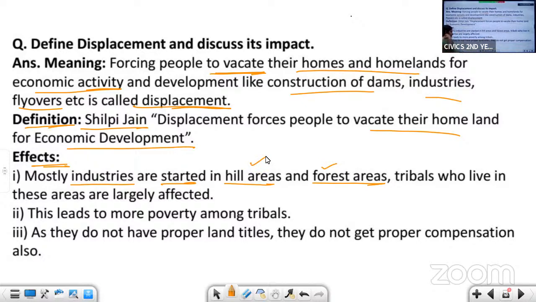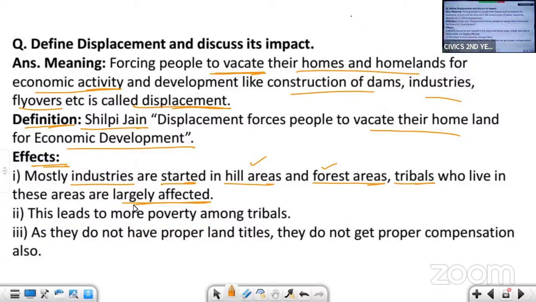In these hill or forest areas, you will find tribal people, tribes. And these tribes who live in these areas are largely affected.